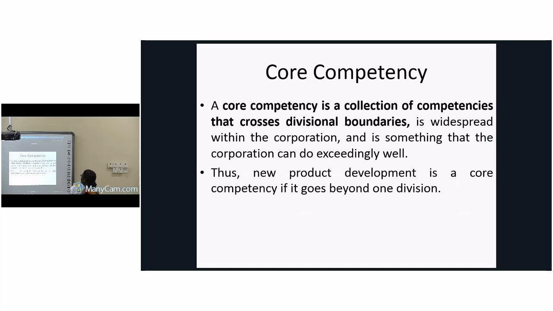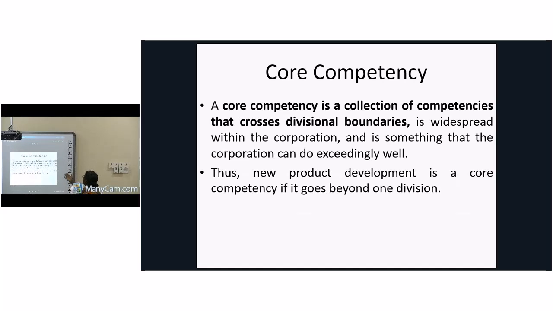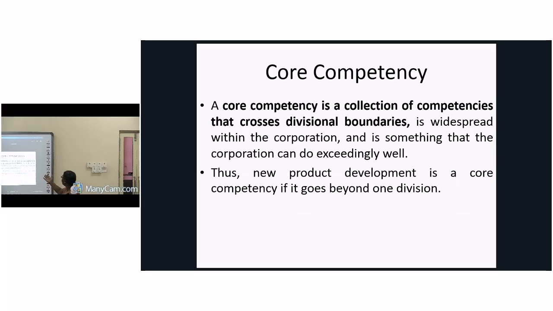Core competencies are a collection of these competencies that cross the divisional boundaries. For example, it is widely spread within the corporation and is something that the corporation can do exceedingly well. Thus, new product development is a core competency if it goes beyond one division.